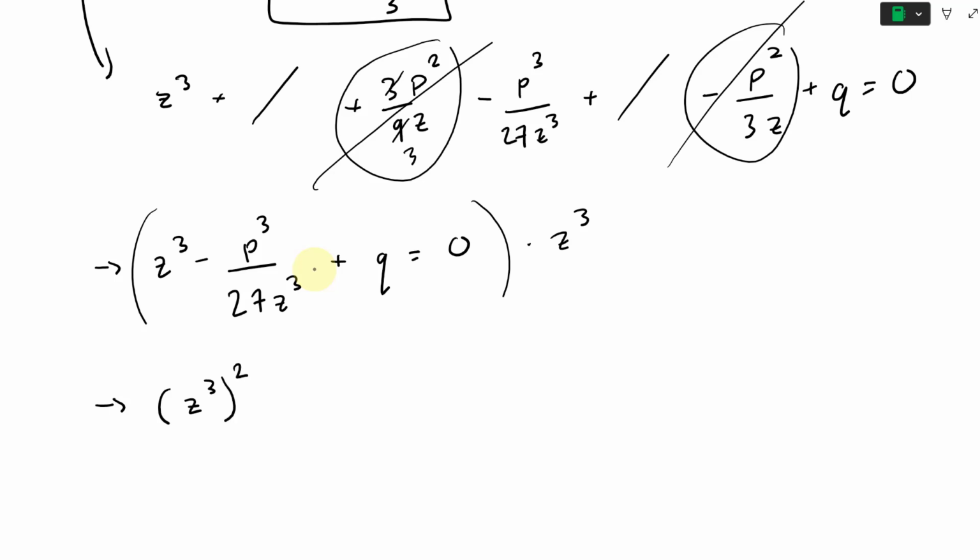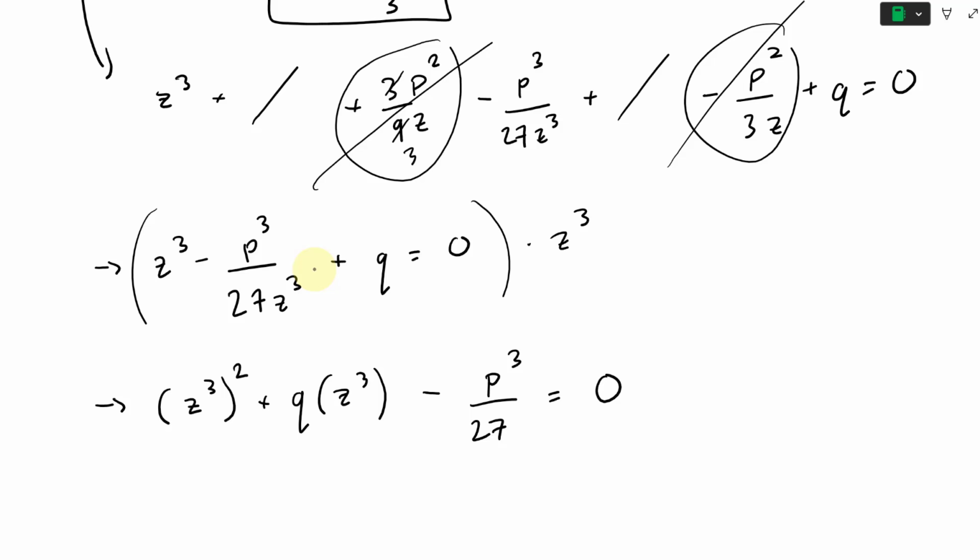That's z cubed times z cubed, which is z to the power of 6, or z cubed squared. And then this one, move it over to the other side. This one's going to be a q, because this one has the z cubed term. So q and then z to the power of 3. And now what we're going to do is minus, because this one we got rid of all the z's. We're going to get p cubed over 27, z's gone, equals 0.